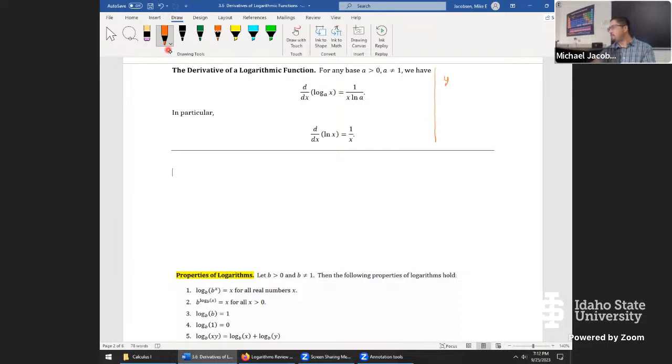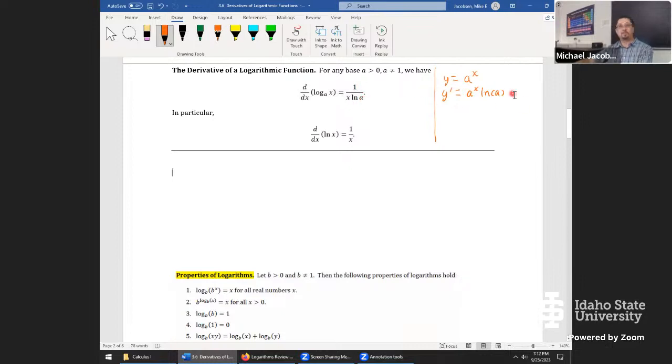If you had y equals a to the x, just as a reminder, the derivative of the exponential function, which is inverse to log base a, would go like this. y prime is a to the x times the natural log of a. Notice for log base a of x, you get 1 over x times natural log a.